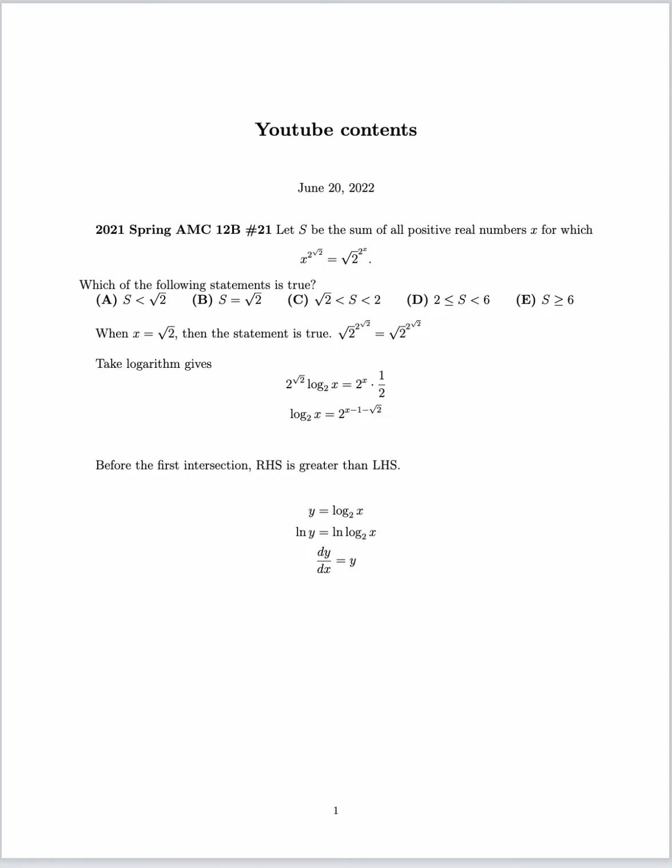Wait, no, this should go the other way. So if we have y is equal to log base 2 of x, then we basically have 2 to the y is equal to x. And then we take dy over dx.